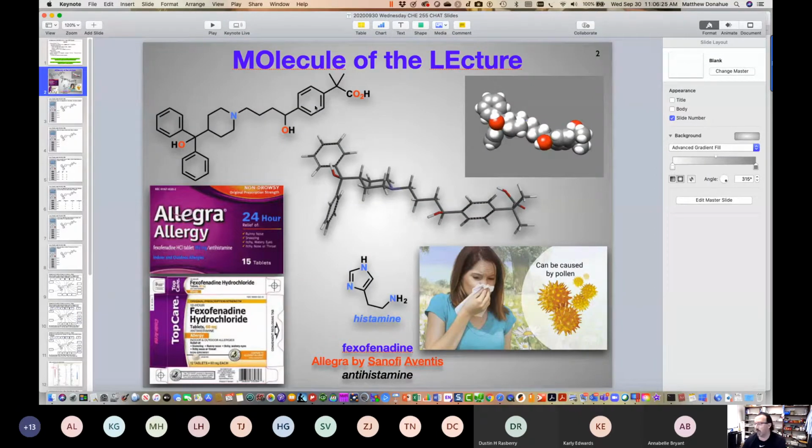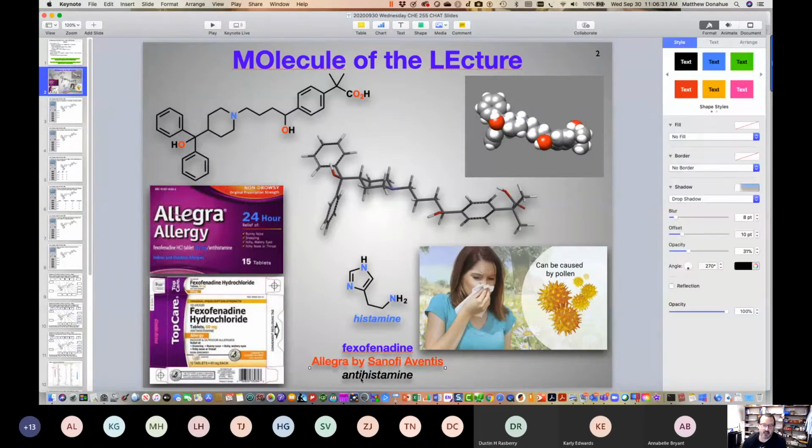So here's the structure that we're going to look at quite a bit today. This molecule is an antihistamine, as you see in the slide here. Anti is against. What is histamine? This small molecule here is called histamine. In spring and fall there's a really high pollen count.